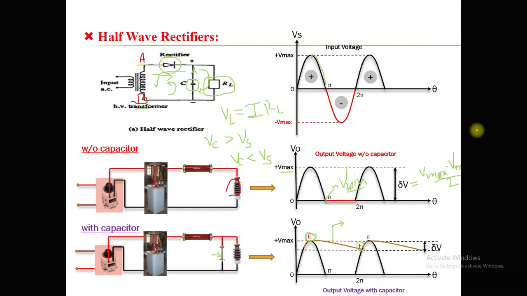In this case, you can see that point E represents the maximum voltage and point F represents the minimum voltage. When I compare the delta V value that I get when the capacitor is not connected and when the capacitor is connected, it is quite less.